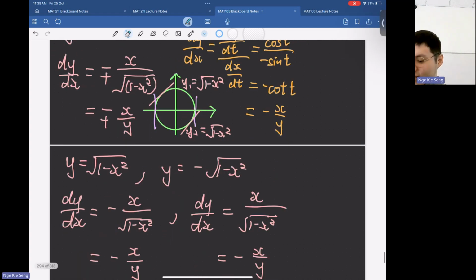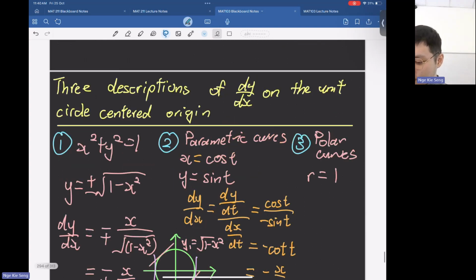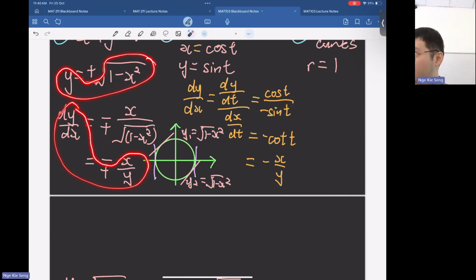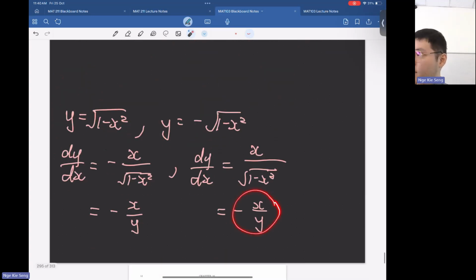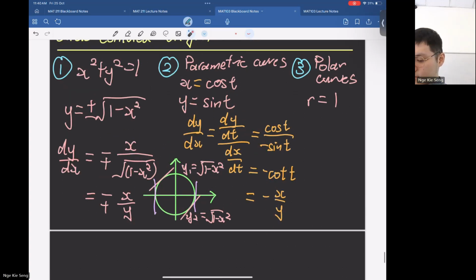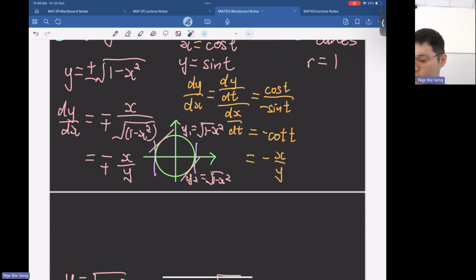Okay, so back up a bit. How to read this formula here? This formula says if you follow the first one, you get the first answer. If you follow the second one, you get the second answer. But the second answer here requires a negative, right?